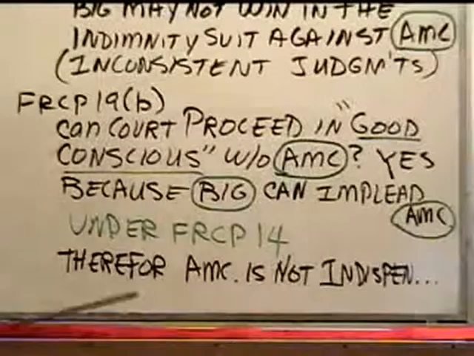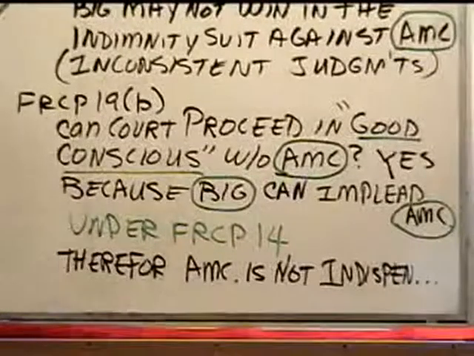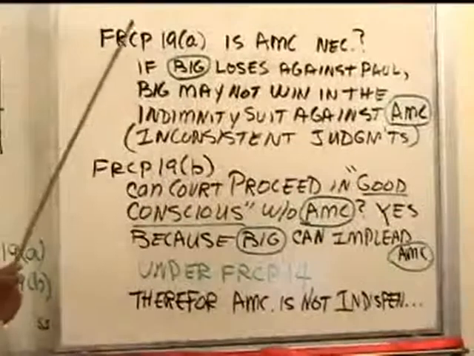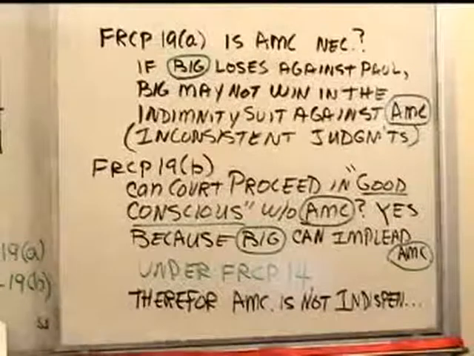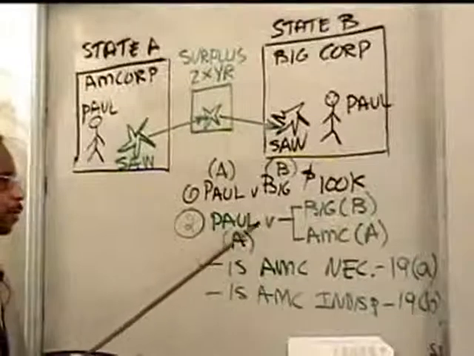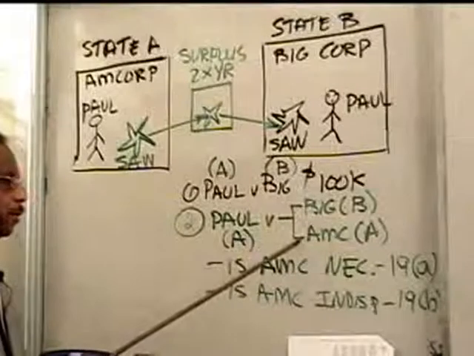So this is the analysis that you need to be familiar with under Rule 19A. We'll run through it quickly. We've got 1 minute before the break. The problem here, if we start back on this side, is that Paul wants to amend his complaint so that Paul is now suing Big Corp and M Corp.